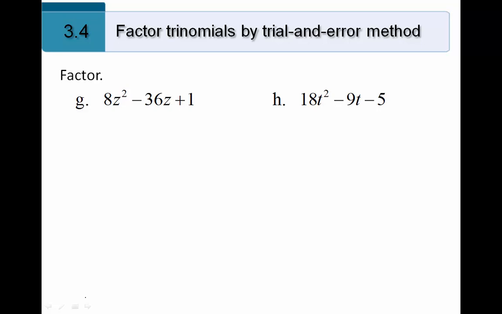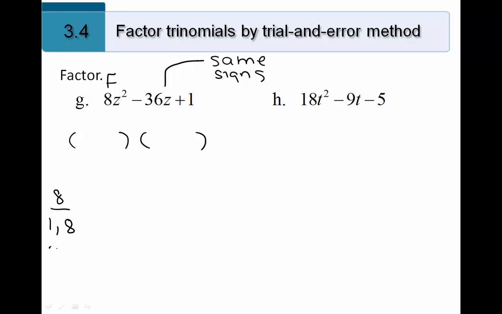Oh, not so bad. These are my last ones. All right. Same signs. F. Factors of 8. 1 and 8, or 2 and 4. I'll start with 2 and 4 and see if it works.